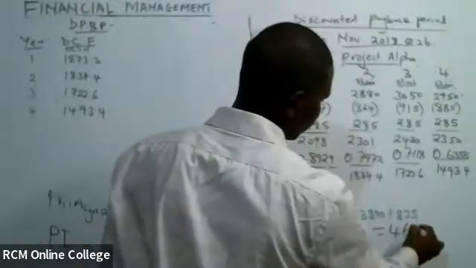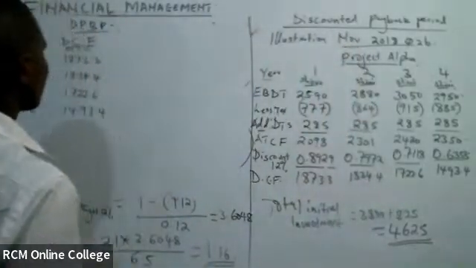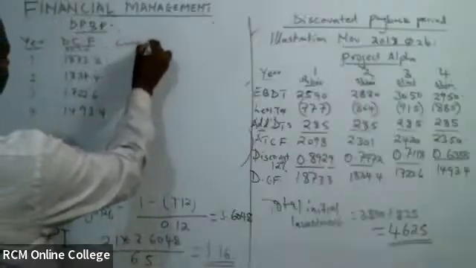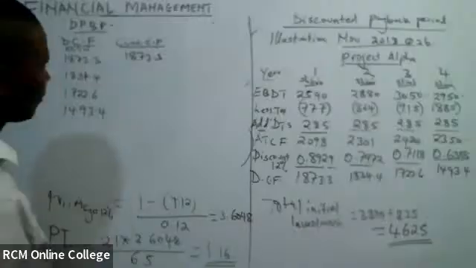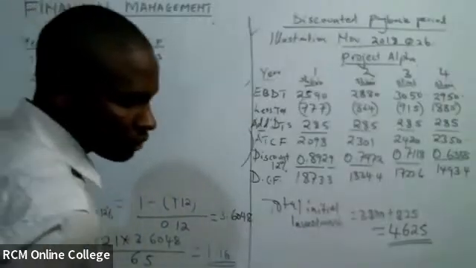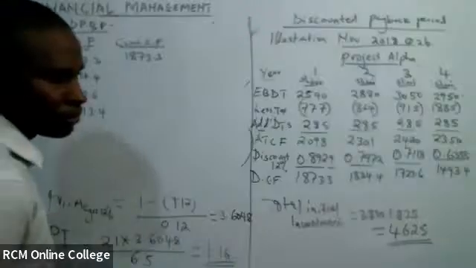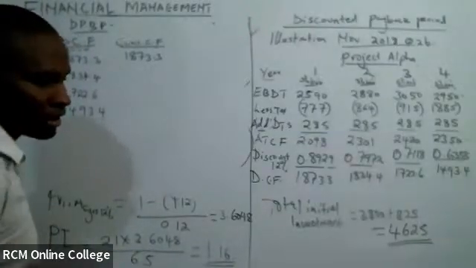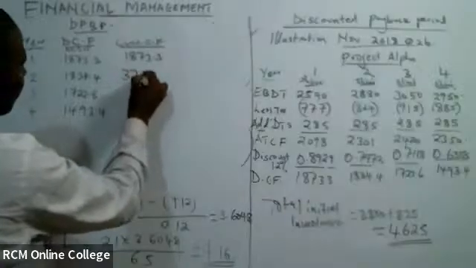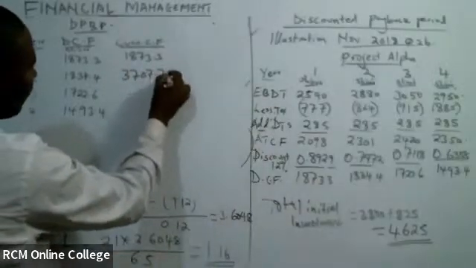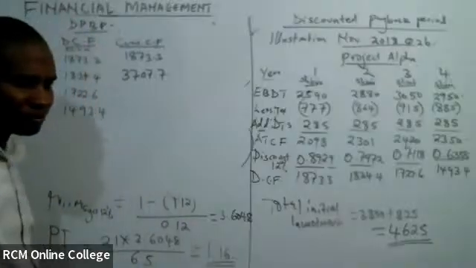We want 4625. Then you follow the route: we get the cumulative cash flow. The first is 1873.3. Add the second, and we get 3707.7. If I add the next one, it will be more than 4625 for the investment.